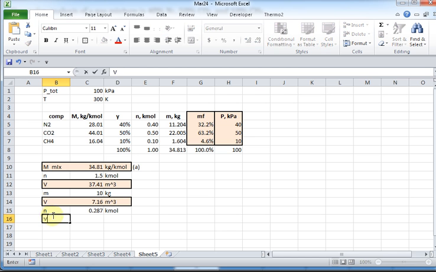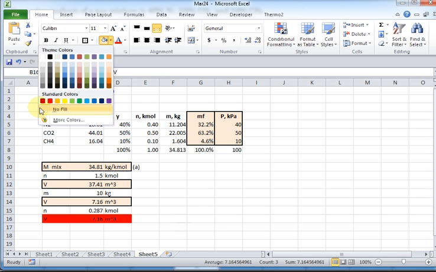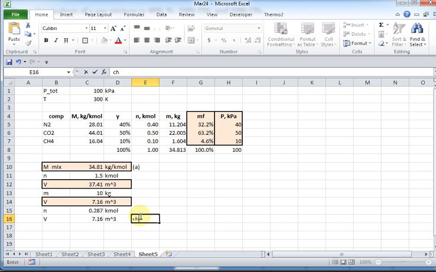So that volume was equal to the number of moles times R bar 8.314 times the temperature divided by the pressure. You kind of went in a circle, but you got the same answer, true? And get rid of the color here. No fill there. This is just a check. So that was the answer to part D and the answer to part E. Does that help?